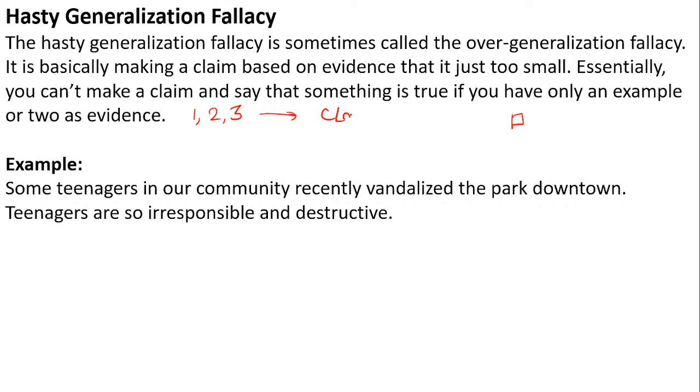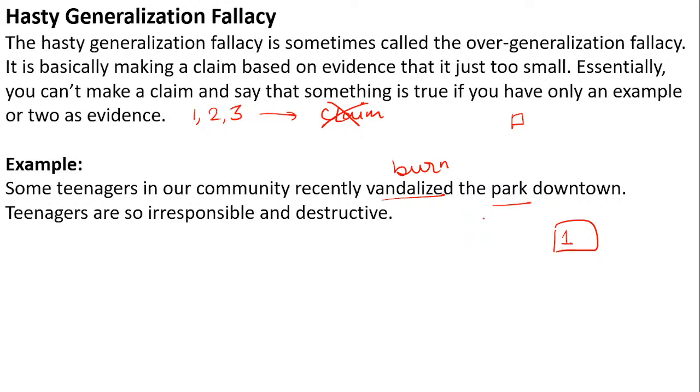Okay, for example, if I am saying some teenagers in our community recently vandalized the park downtown. Vandalized the park downtown means burned or broke. So we are saying teenagers are so irresponsible and destructive. So there was one incident when the teenagers harmed the park.